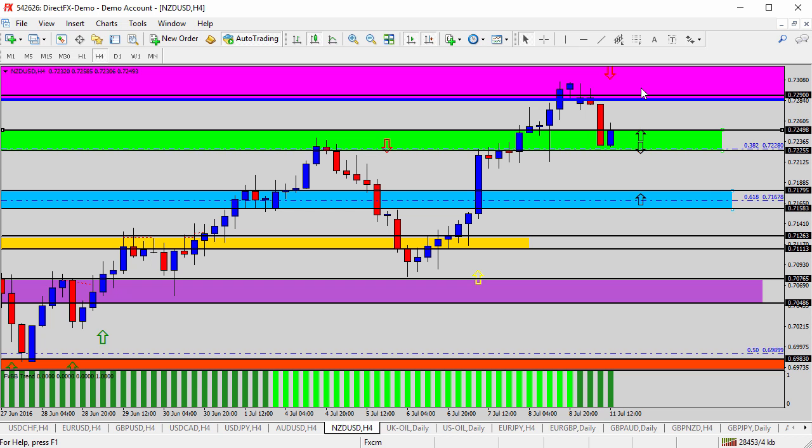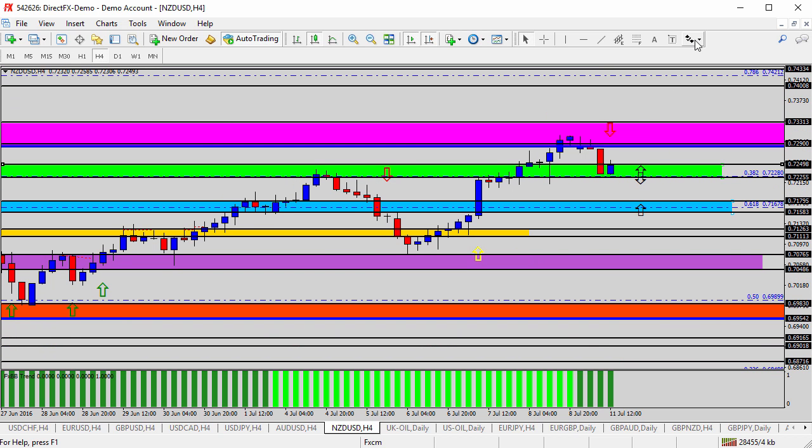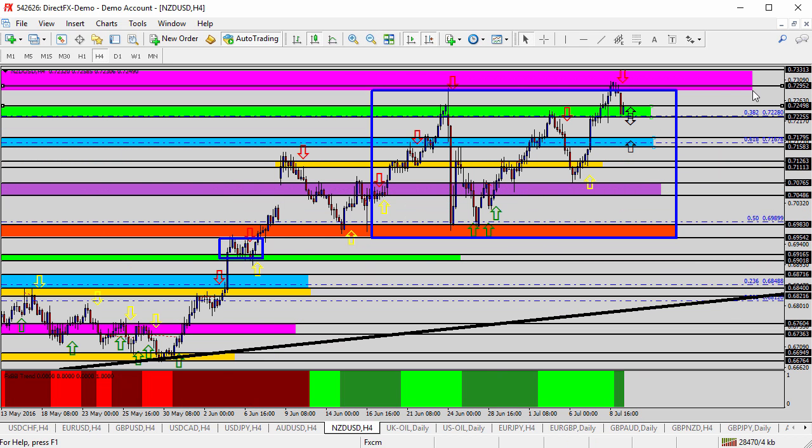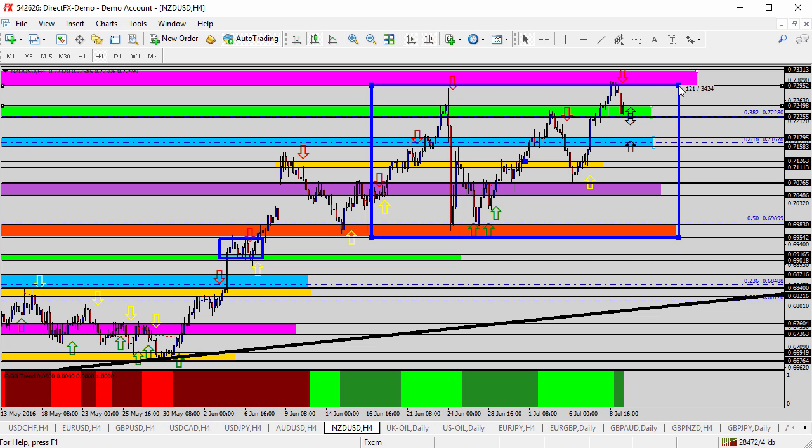If it can't, another challenge of the high, and of course a break of the highs, a break of the pink shaded area, we'll likely look for a new high to be made for the New Zealand dollar. I might even take this line and push it right to 72.95, which will get that pink shaded area a little bit closer to the top as well. So again, we have the resistance high, 72.95, underneath the 73.00 level.